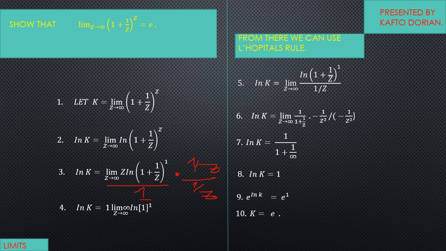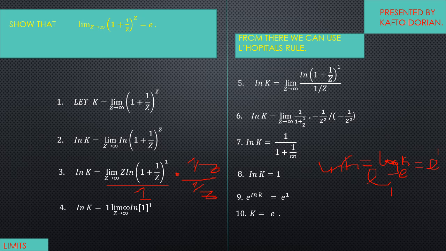Let me write it clearly. Ln k, sorry for my handwriting, can be equal to log k on e, and then now equals to e to the 1.